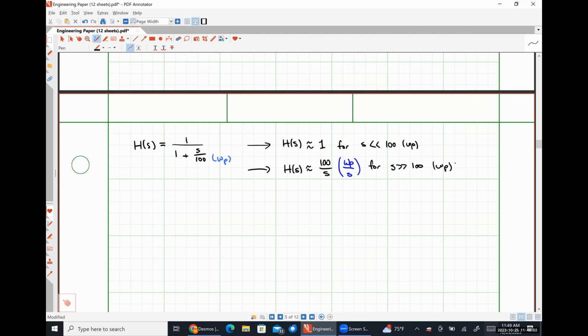So what is that going to do to our response? It's just going to shift it to s is equal to omega p, right?